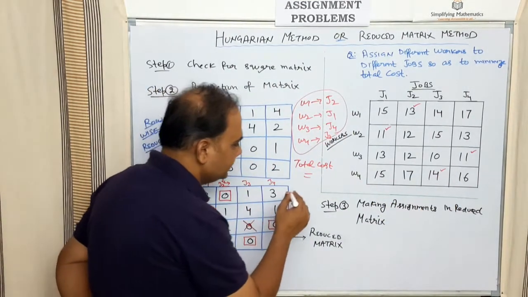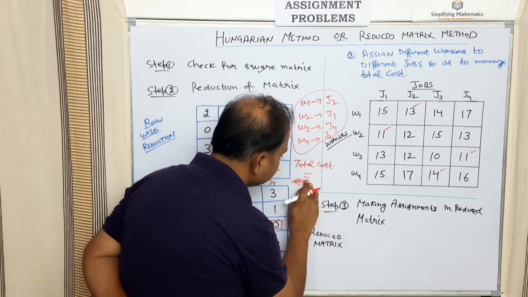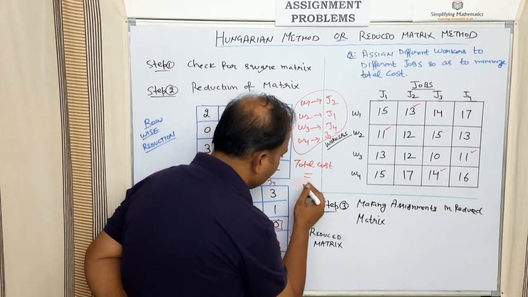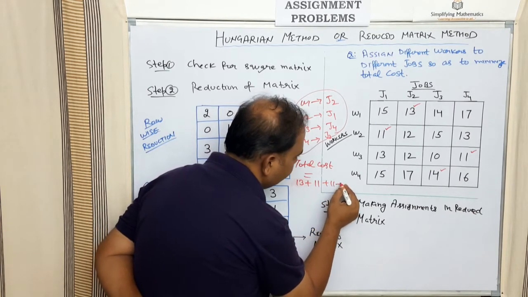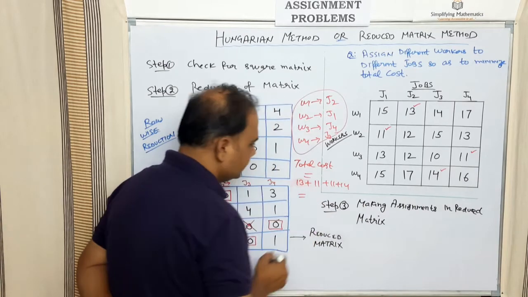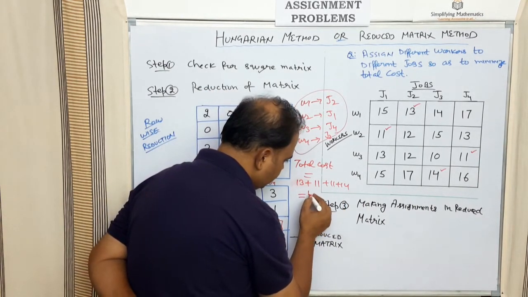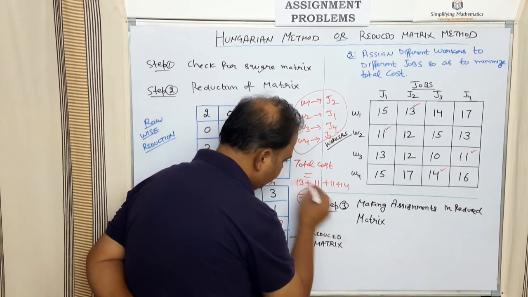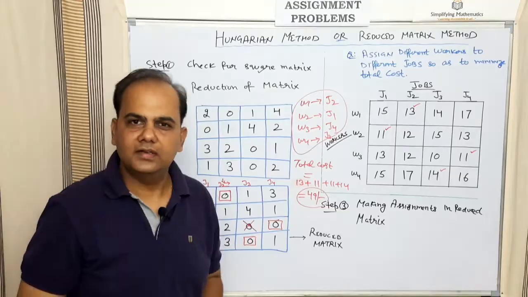You add up all of this: 13 plus 11 plus 11 plus 14. This comes out to be 49. So this is the minimum cost by making these assignments.